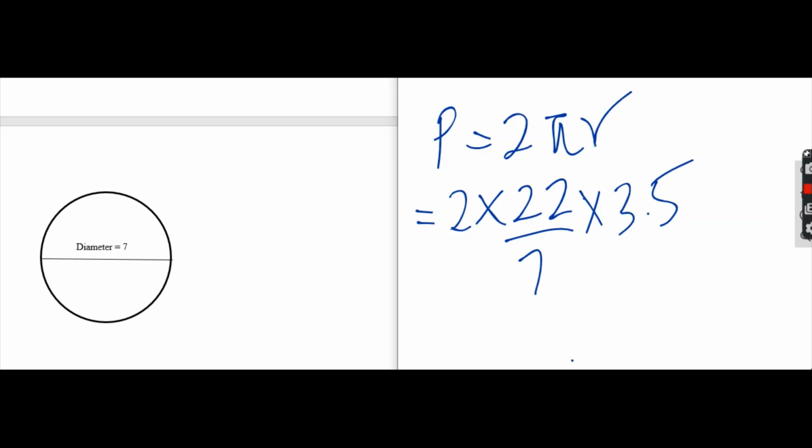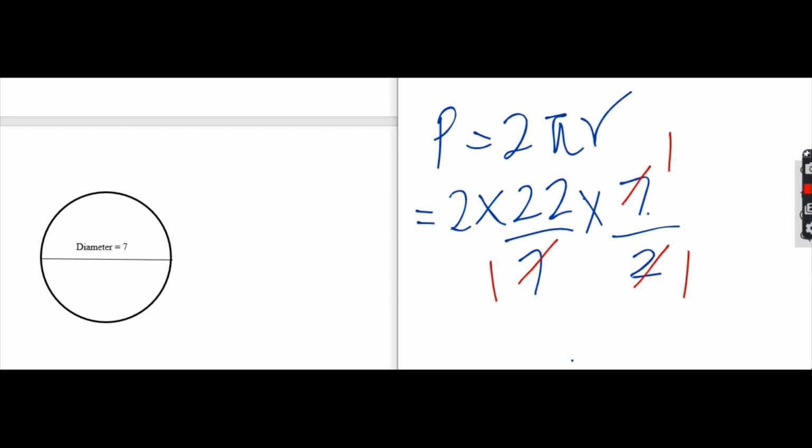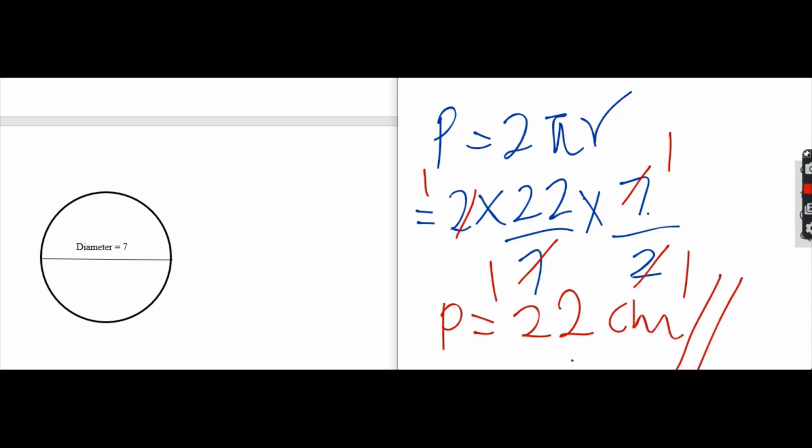But what you can do here is, without using 3.5, you can actually use 7 over 2, which will make your simplification steps more easy. So here you go. Now we can cut 7 and 7 and 2 and 2. So we get that the perimeter of the given circle is 22 centimeters. And I hope that's clear for you. And we can go ahead with our lesson.